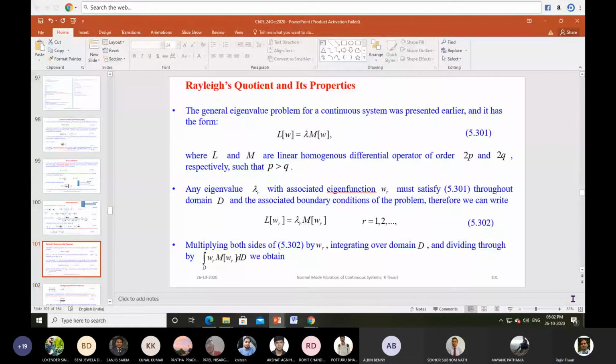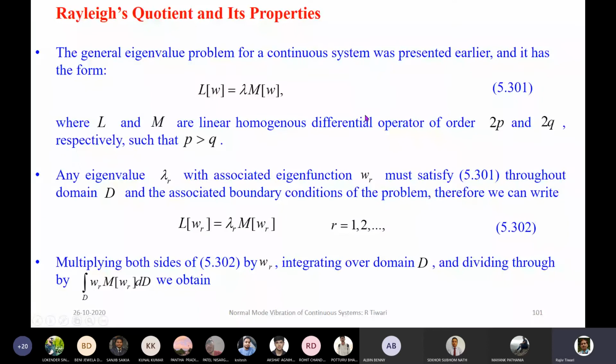So this is the Rayleigh's quotient for continuous system. This is the eigenvalue problem we discussed, a general eigenvalue problem where M and L are operators, lambda is the eigenvalue, and W is the eigenfunction.